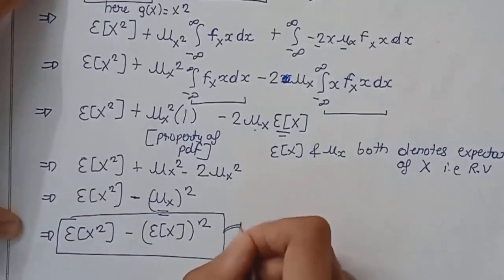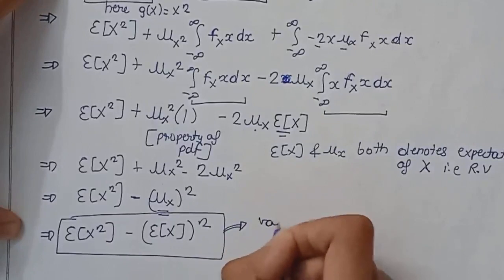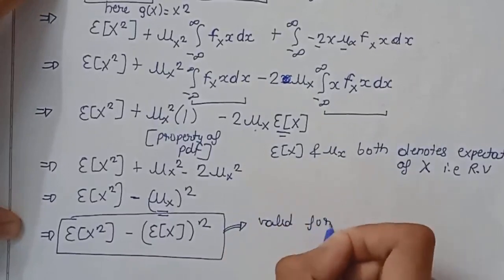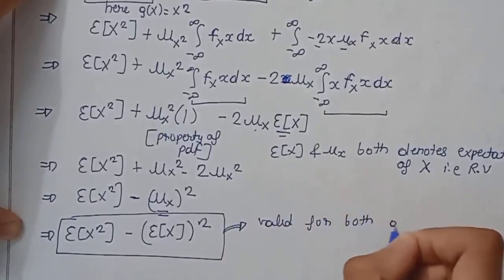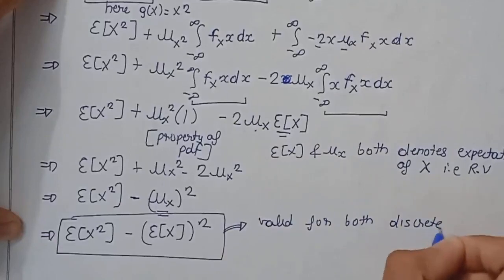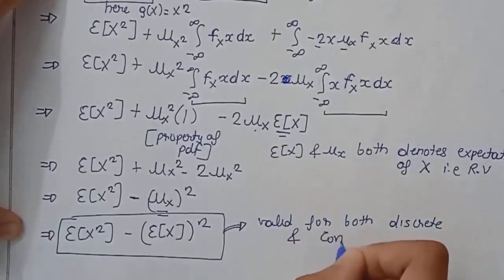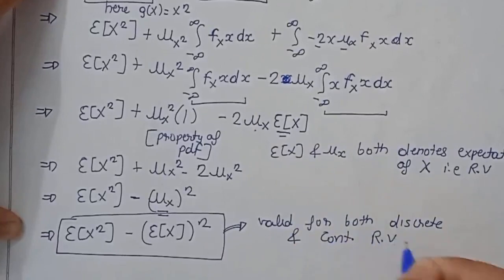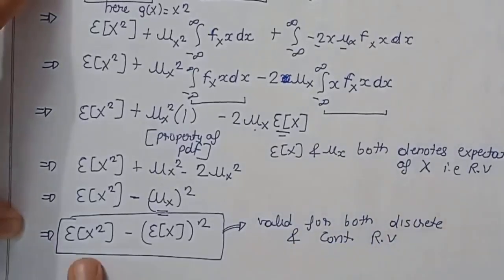You must note that this formula is valid for both discrete and continuous random variables. You can use this formula to calculate the variance of discrete random variables also.